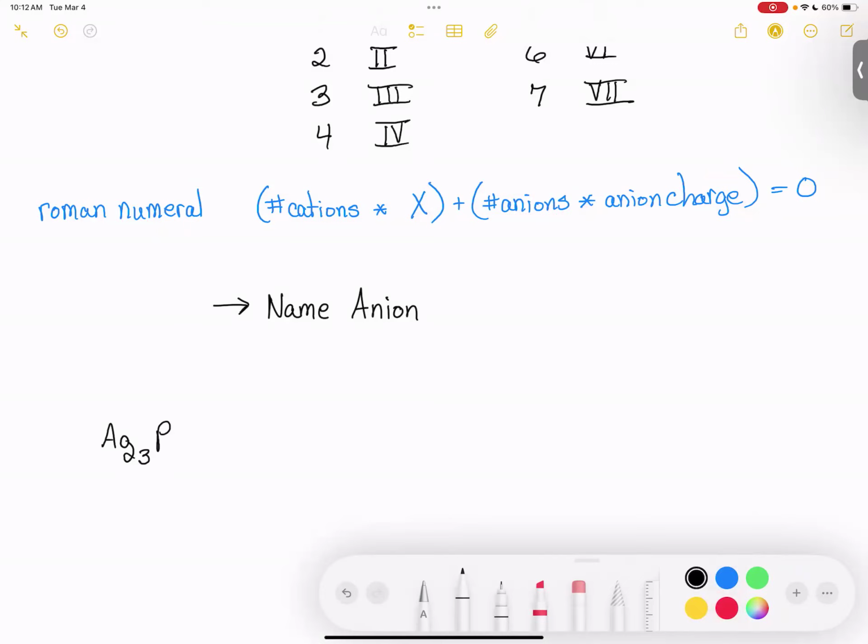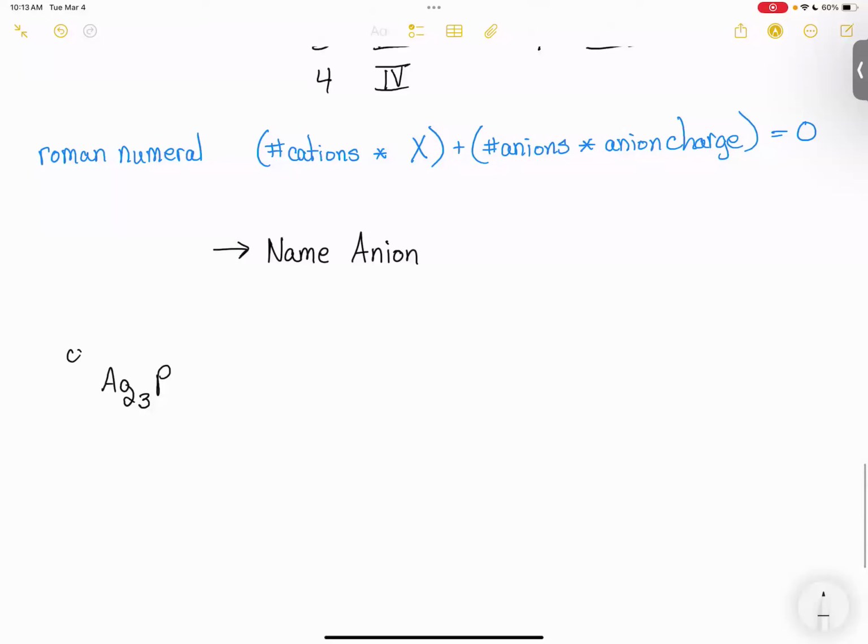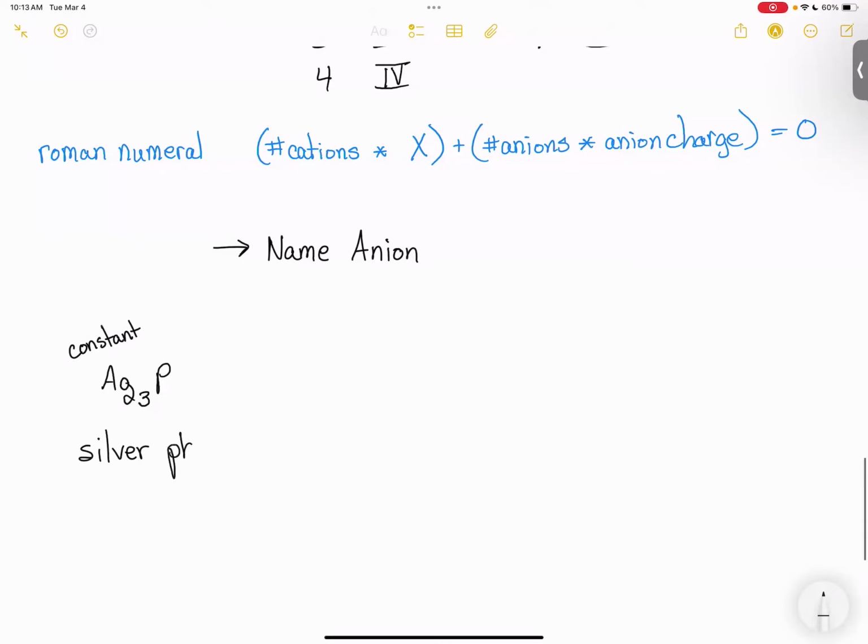And the answer is that this metal does have a constant charge. It's always a +1. So because it has a constant charge, we name the metal, which is silver, and we name the anion. Phosphorus as an anion gets what ending? IDE. So this would be phosphide.